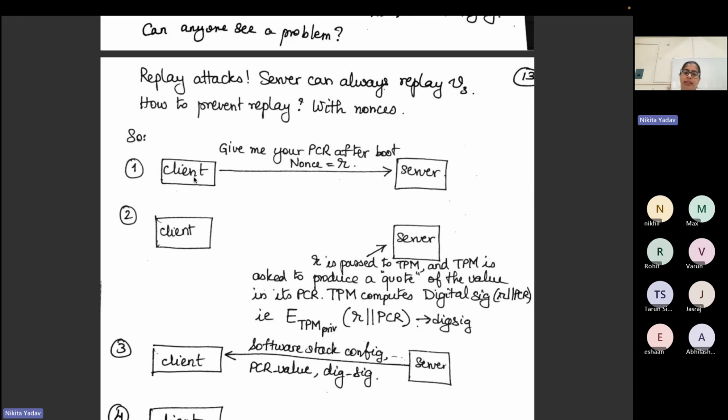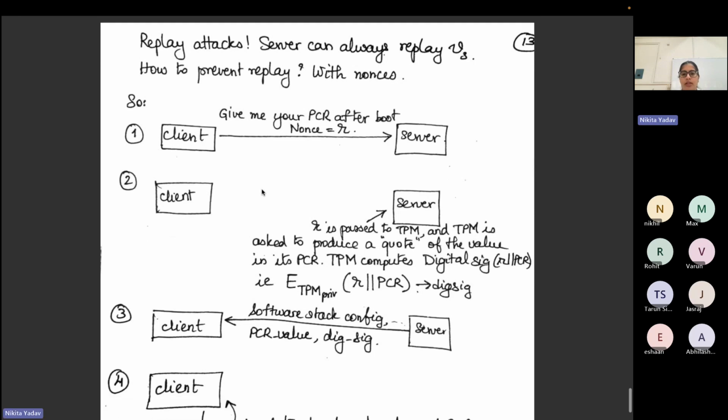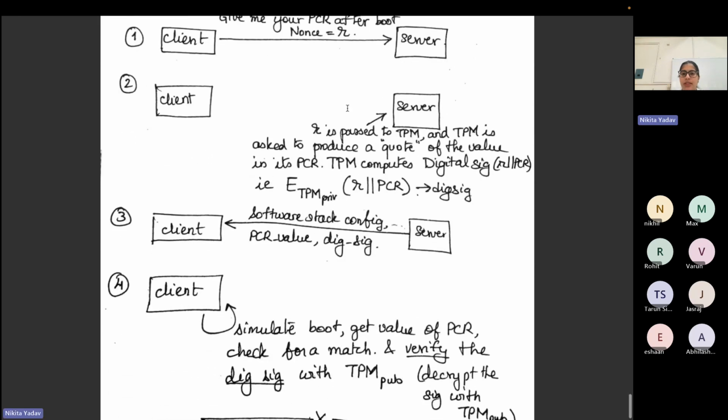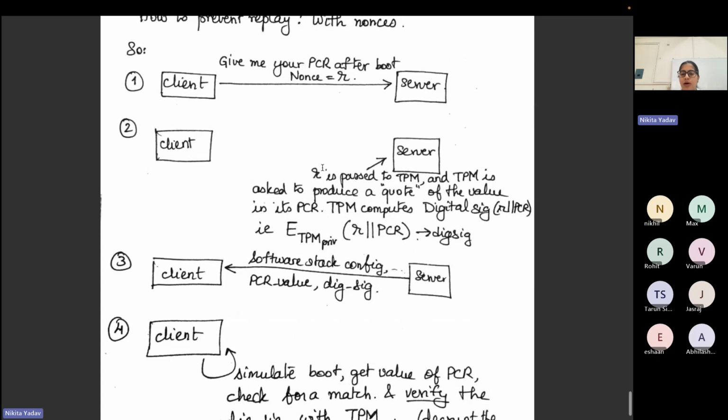We prevent replay attacks in general with nonces. So what's a nonce? A nonce is just a random value. When the client sends a request to the server, it says: here is my nonce, a random value r, and give me your PCR after the boot. The server passes this value r to the TPM and asks it to produce a quote of the value in its PCR.